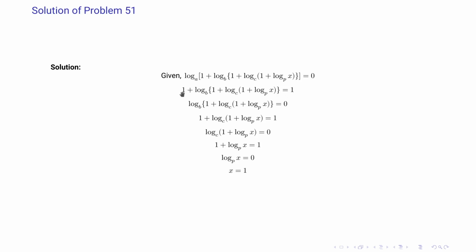So this 1 gets cancelled, we are left with starting from log b. Then again we remove log b, and the right hand side will be b to the power 0, that is 1. Again 1 gets cancelled, and similarly here c is removed, we are left with c to the power 0, that is 1. 1 gets cancelled, and we eventually find x is equal to p to the power 0, that is 1.